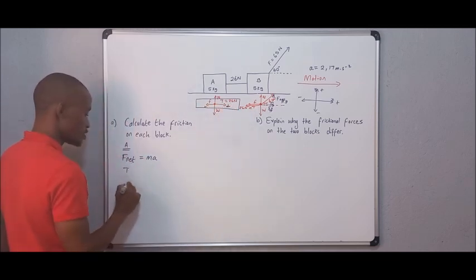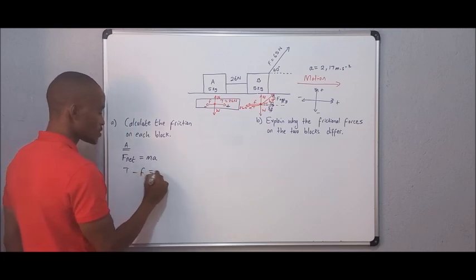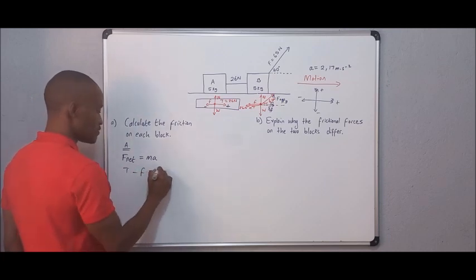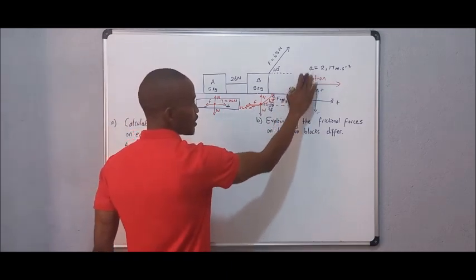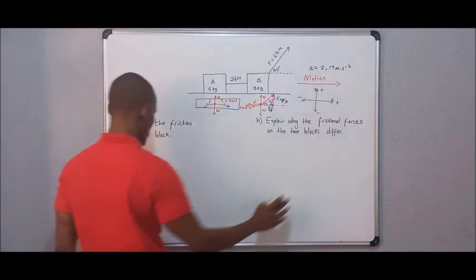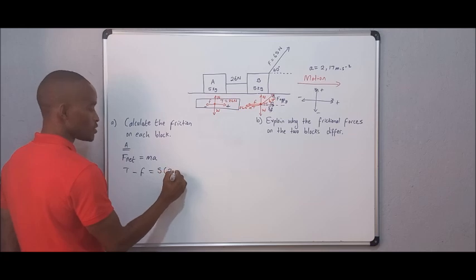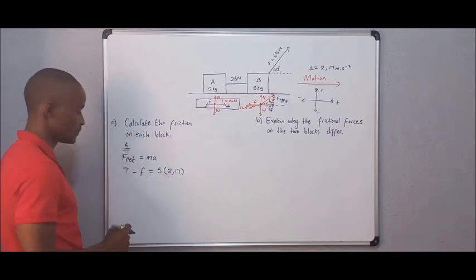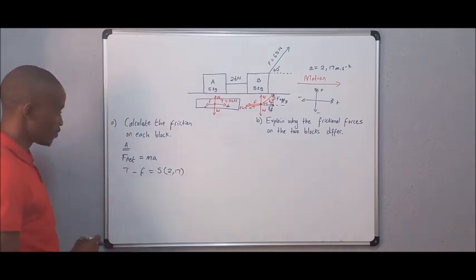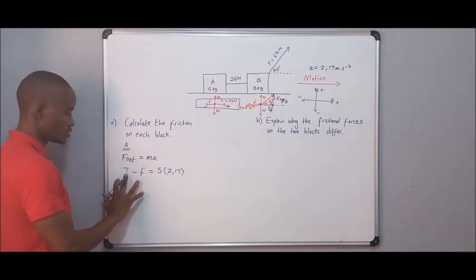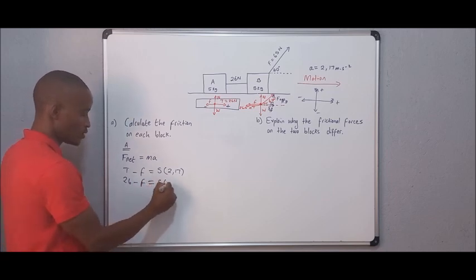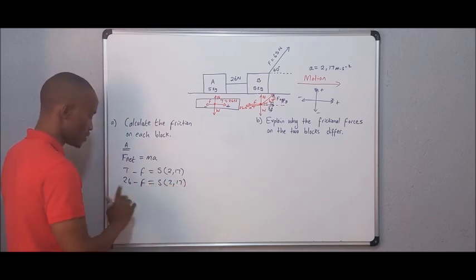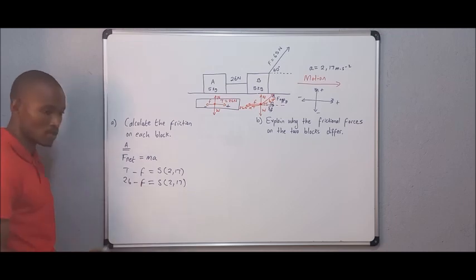So we have the tension minus the frictional force is equal to the mass. It's 5. What is the acceleration? Acceleration is in the direction of motion and it's positive. So it is positive 2,17. All right. So what do we have here? The tension is 26. So we just have that. And we will have to obviously calculate, transpose 26 minus that.